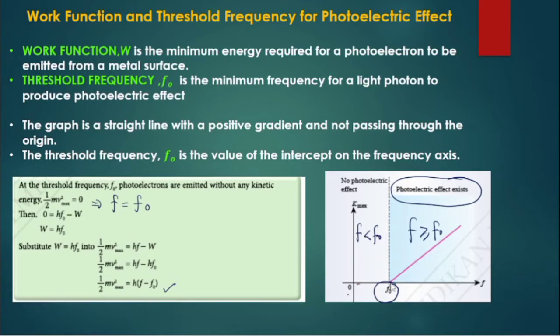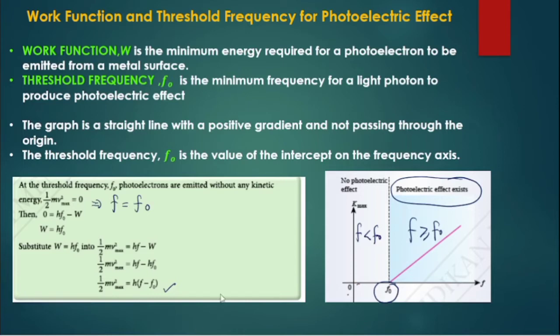When f equals to f0 here, you can see the value of K max equals to 0. The threshold frequency f0 is the value of intercept on the frequency axis. You can see at this value, the value of K max starts to increase when frequency is greater than f0.